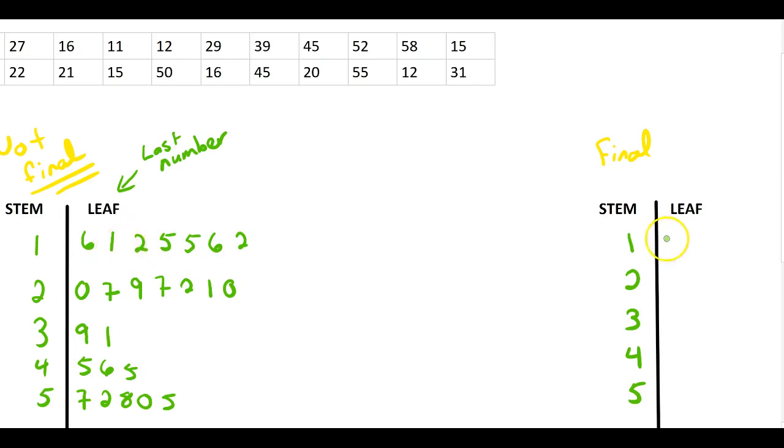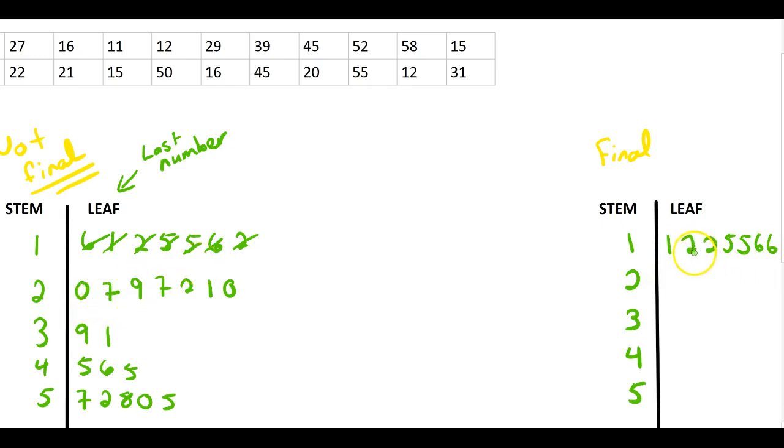I'm going to start with the 1, and then I have 2 2s. Then I have 2 5s. And then I have 2 6s. Now this stem and leaf row is complete. I'm going to come back over here to the 2.